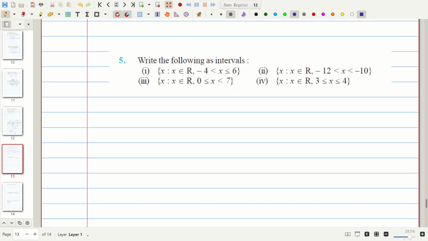So we have to write these things in interval forms. First you should know about open interval and closed interval. An open interval will be written with round brackets, like this, and a closed interval will be written in square brackets. This is the difference between open interval and closed interval.